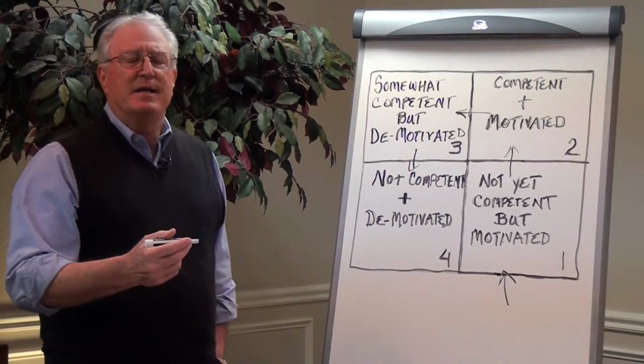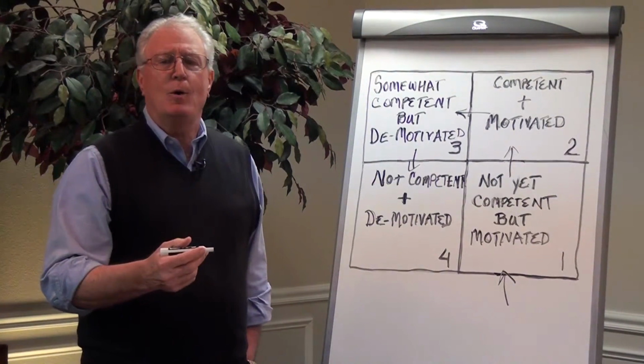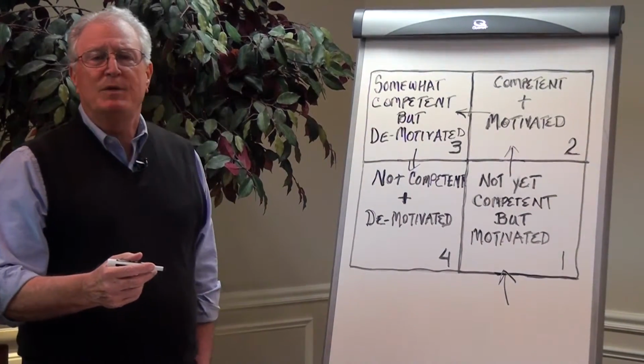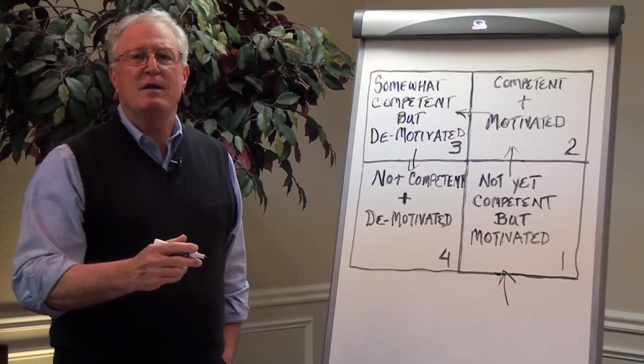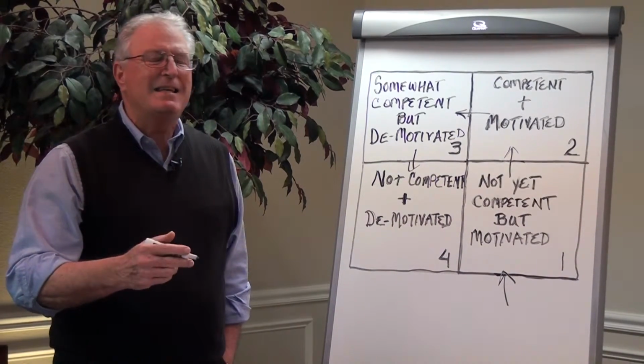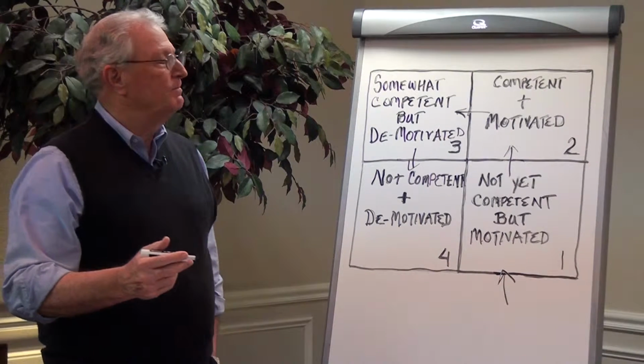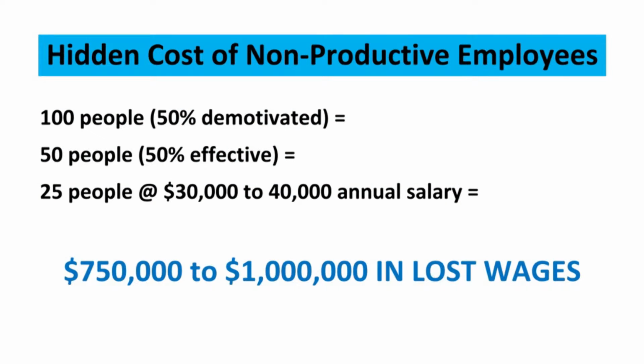Then my next question is, what are we paying the employees generally that are in this quadrant? In most cases, we discover they're paying somewhere between $30,000 to $40,000 a year. Again, that'll vary from organization to organization, but let's use those numbers. Let's say an organization has 100 people, and 50% are in quadrant 3, which means around 50 people, and they're 50% effective, making somewhere between $30,000 to $40,000 a year.